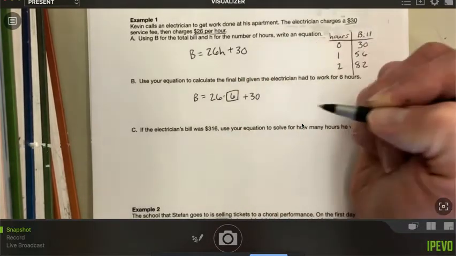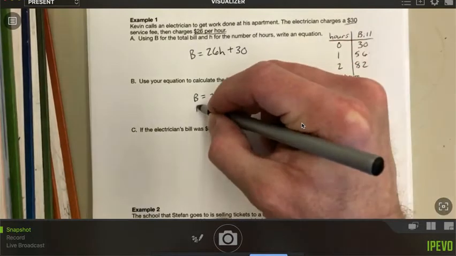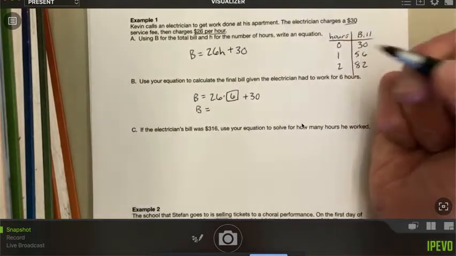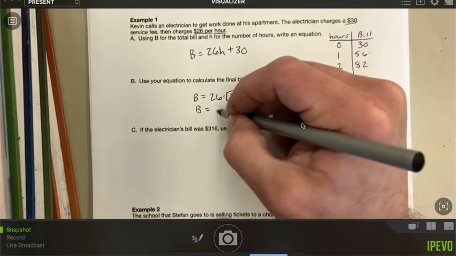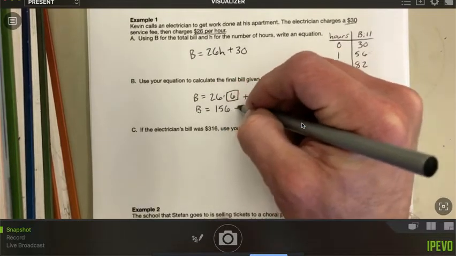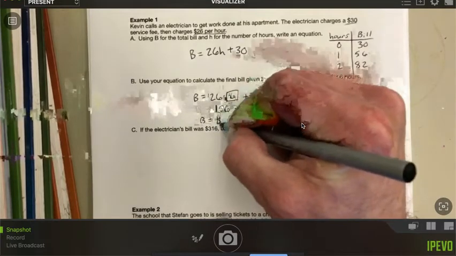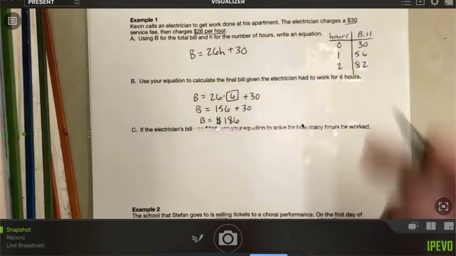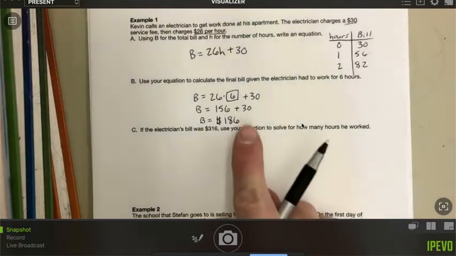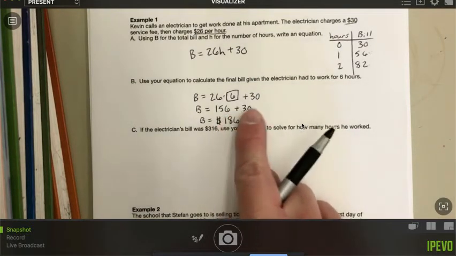I'm replacing H, which in this case is going to be 156 plus 30. And so that bill is going to end up being $186. So the total hourly work was 156 plus the service fee.